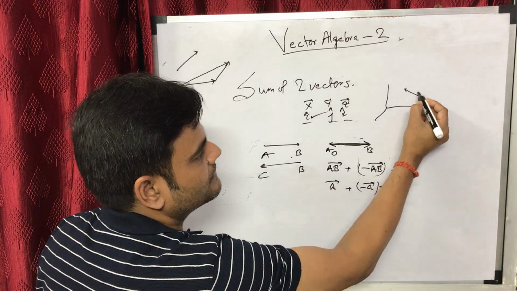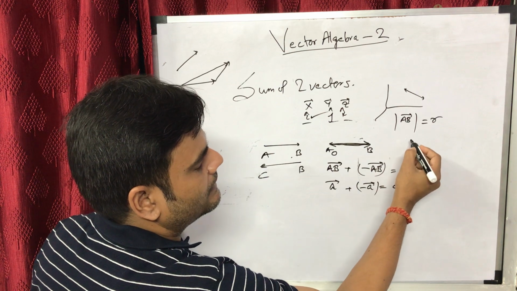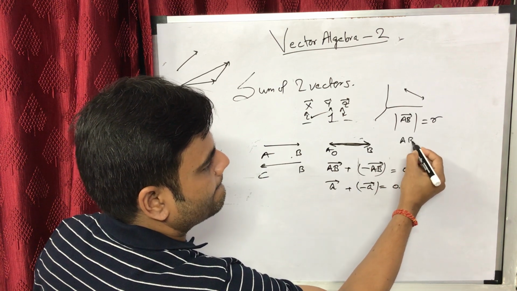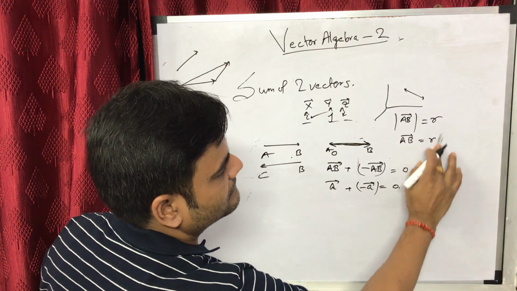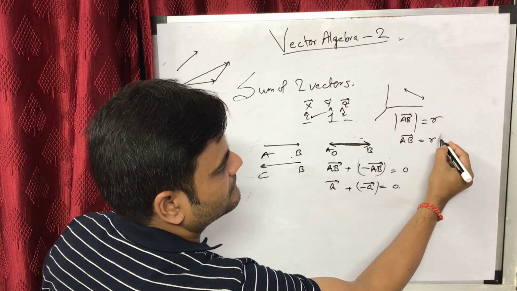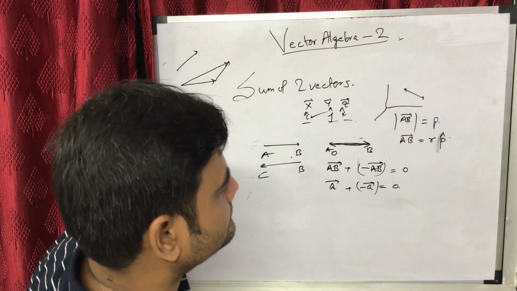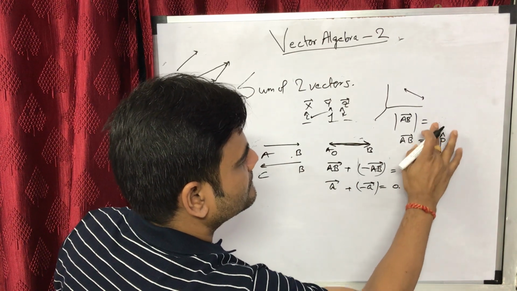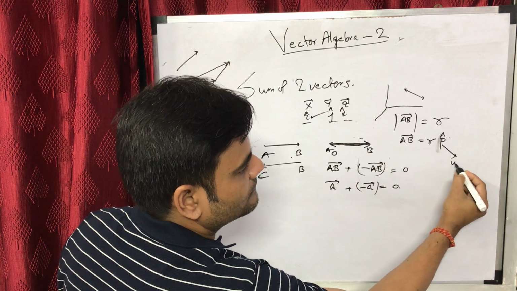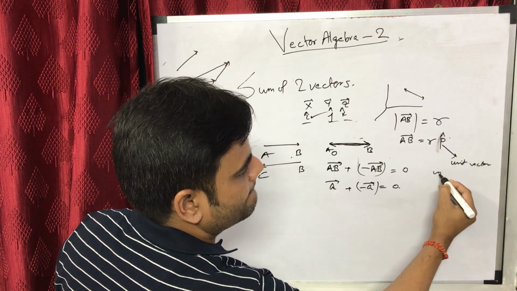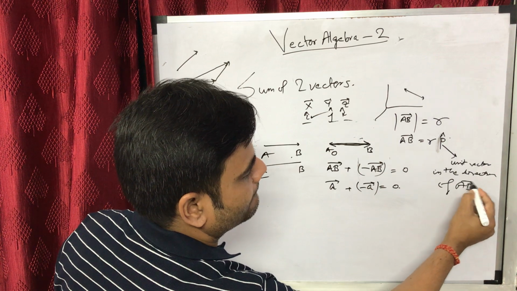So if there is a vector, say AB, with magnitude, say r, you can write AB as r into another vector, say p, and p is the unit vector in the direction of AB. That is a unit vector.